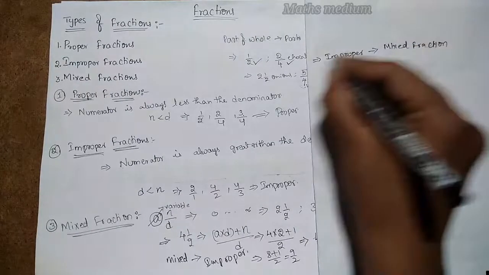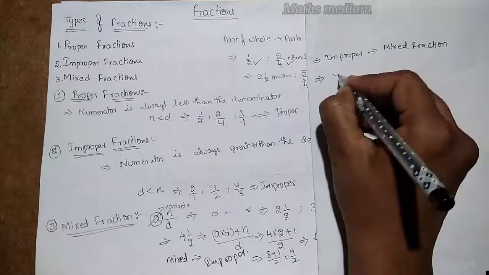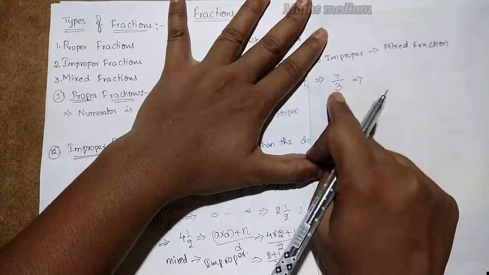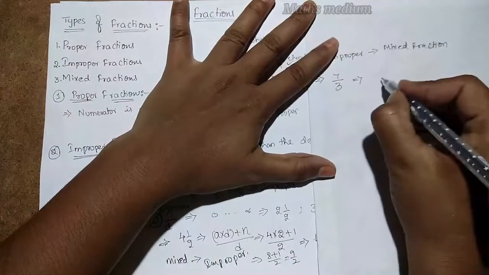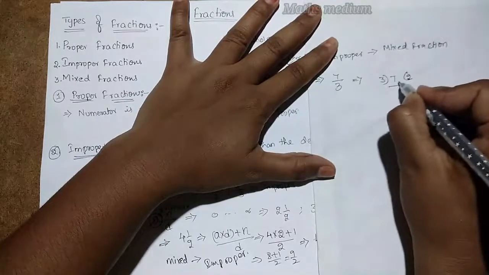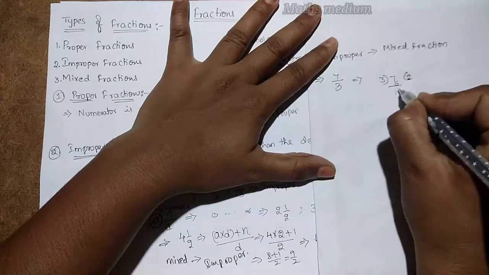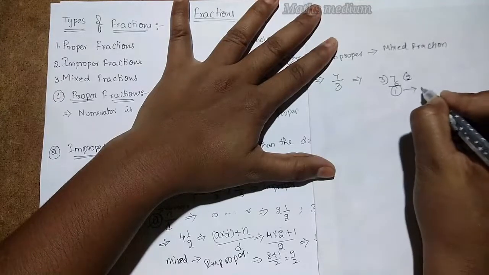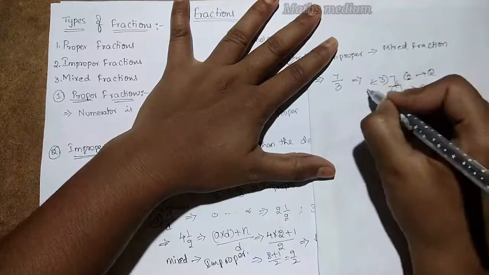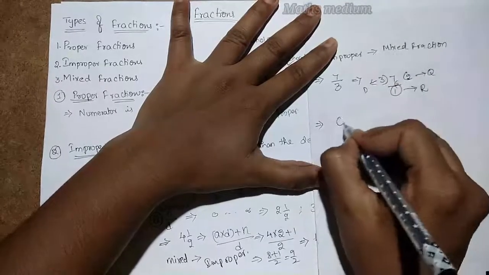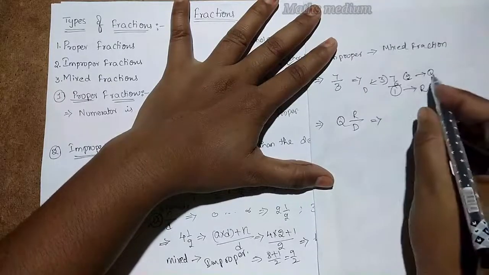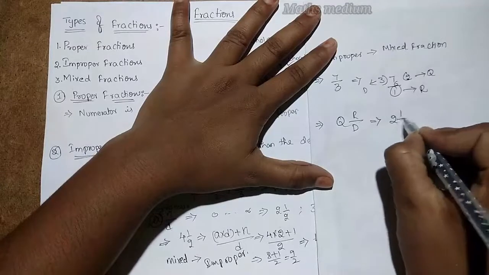So let's divide. 3 2s are 6, 7 minus 6 equals 1. So this is the remainder, this is the quotient and this is the divisor. The formula is quotient, remainder by divisor. So here the quotient is 2, the remainder is 1 and the divisor is 3.